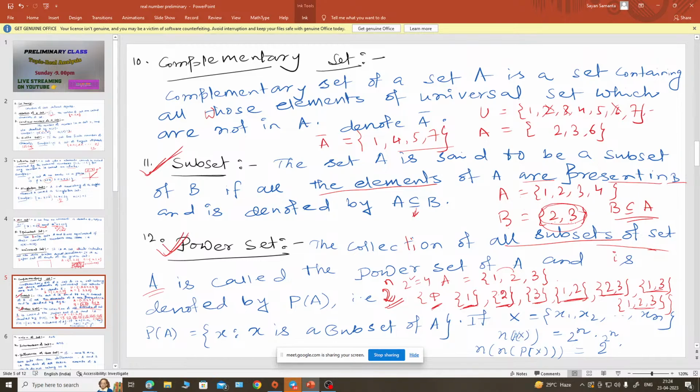Okay, is it clear? That is the concept of power set. Is it clear to everyone? Please comment.